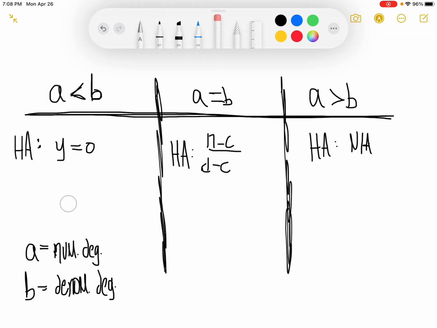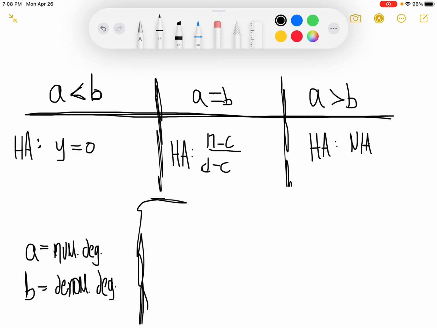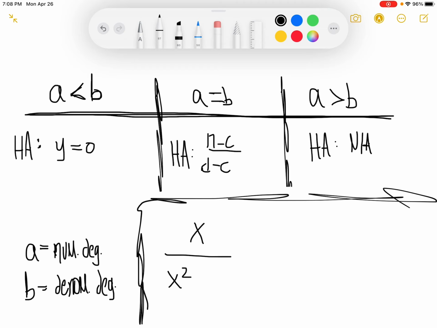Since we didn't end up taking up that much space, I'll erase this and box in a space right here for examples. Let's say we had x divided by x squared minus 9. What is the horizontal asymptote? Let's look at A and B. A is the degree of the numerator.